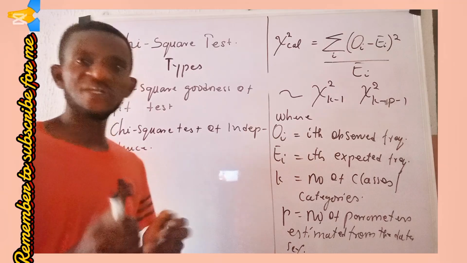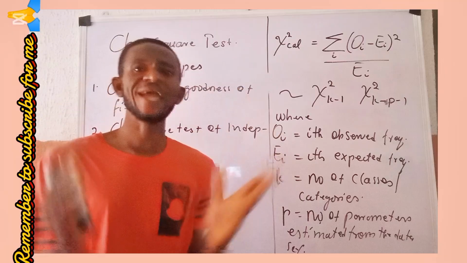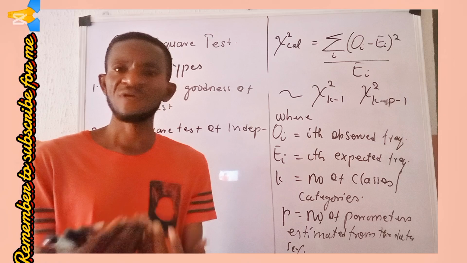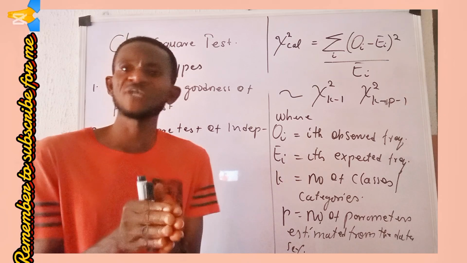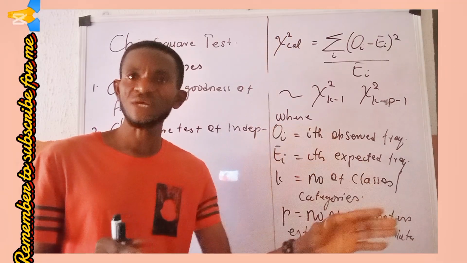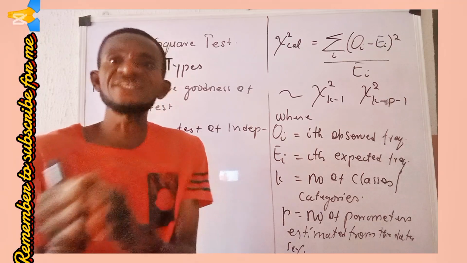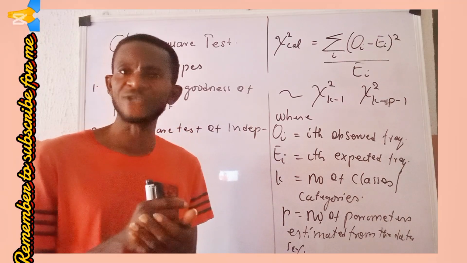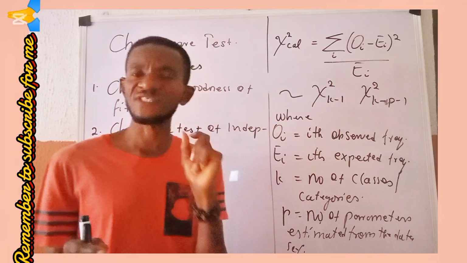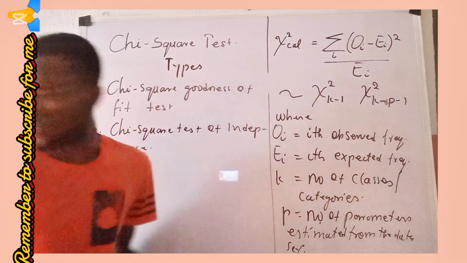Okay? So the next thing before us is that we are going to give a general guideline that one ought to follow to logically arrive at the conclusion of a chi-square goodness of fit test. That is, first thing first, second thing second, down to the last stage, which we call the step-by-step procedures of conducting chi-square goodness of fit tests.